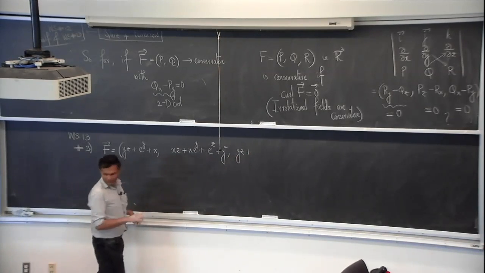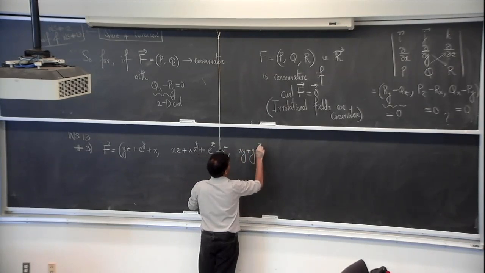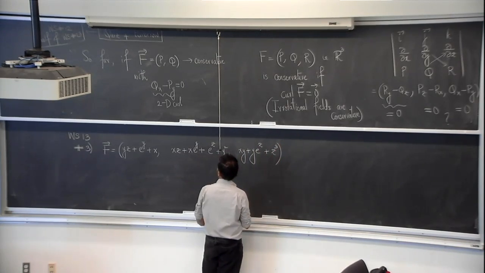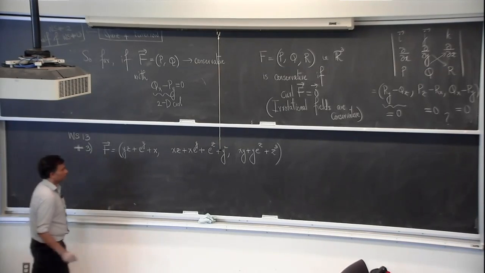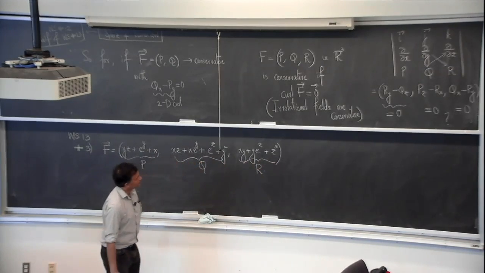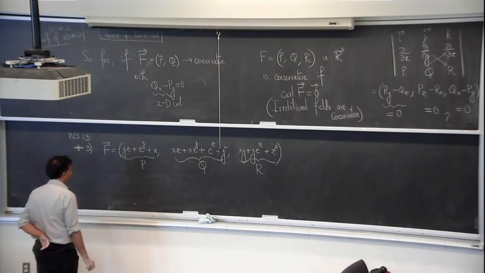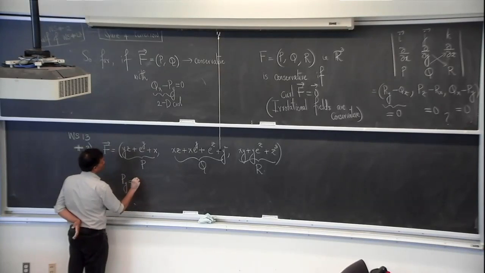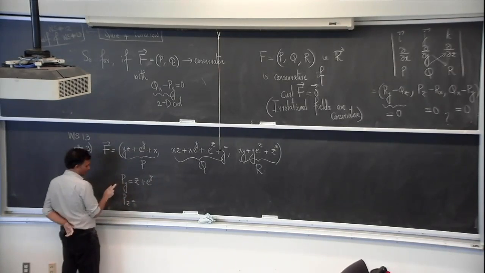You only have to find the cross partial derivatives. You don't have to find Px, for example, Py and Pz.